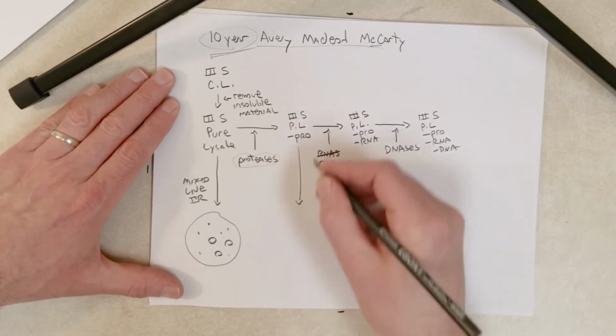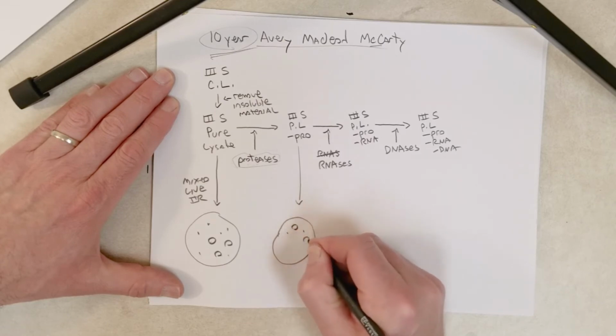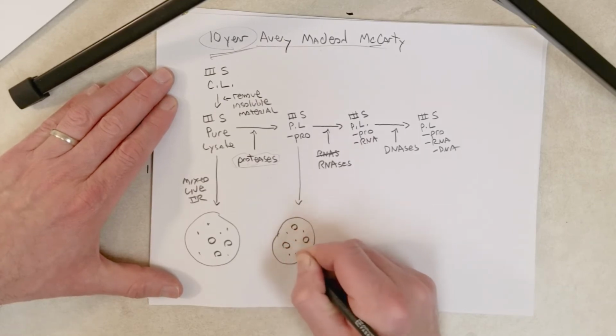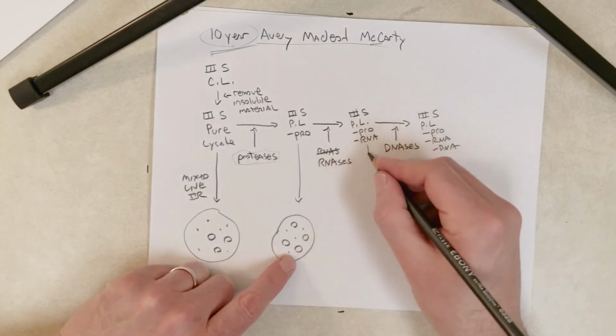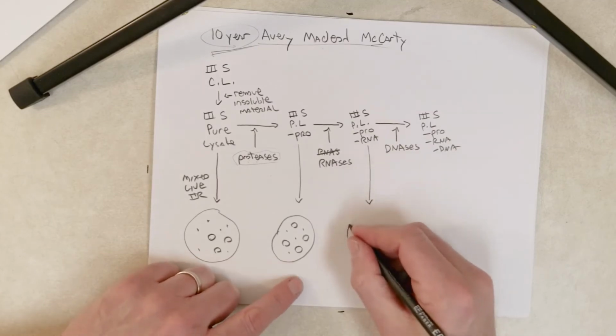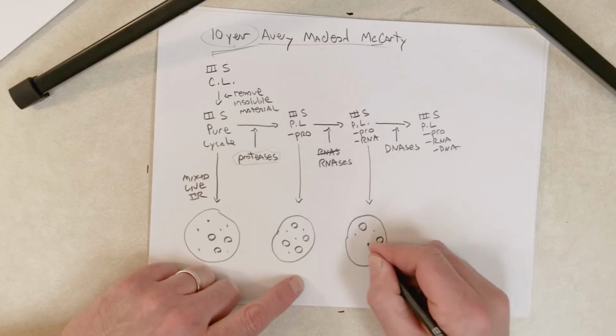This one right here without protein still worked. So this tells us that proteins aren't needed for the transformation reaction, so the transforming principle is not protein. This one right here, no protein and no RNA, still worked.